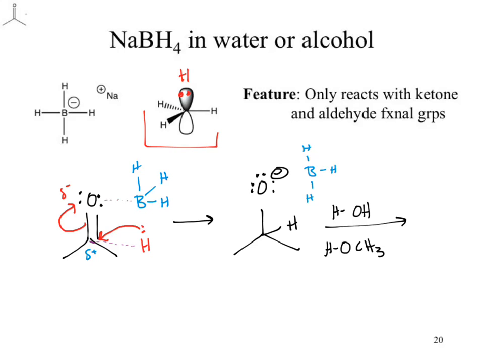Negative, which makes it nucleophilic. So it could attack the boron, but that's a relatively weak interaction. So what else could that oxygen do? Accept a hydrogen or attack a hydrogen, meaning it acts as a base. The result is that we end up with our alcohol as our product.